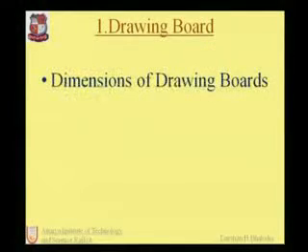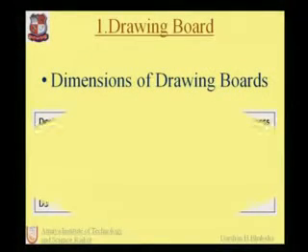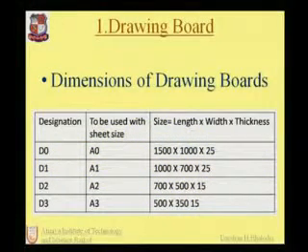Now the next one is the dimensions of the drawing board. The dimensions consist of the designations, where the sheet size is used, the length, width and thickness. Starting from the designation D0 to D3, and the sheet size from A0 to A3.